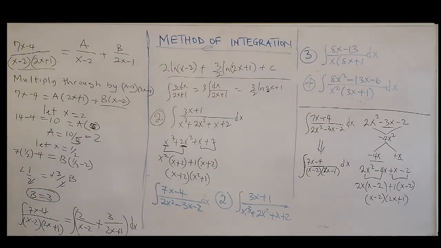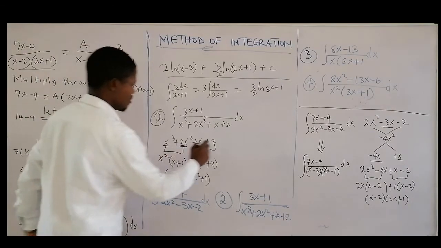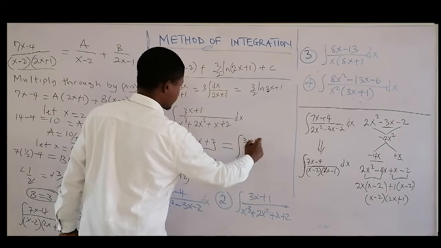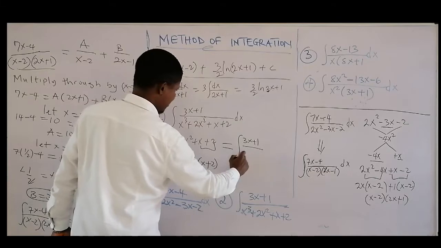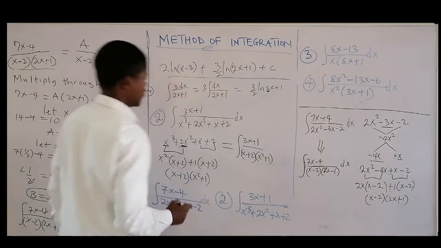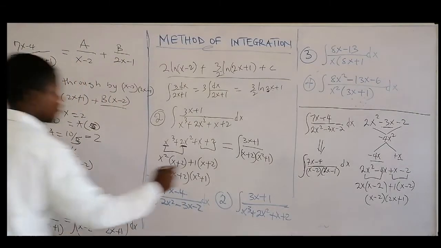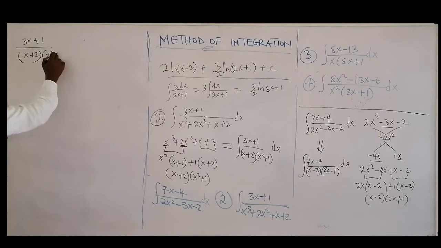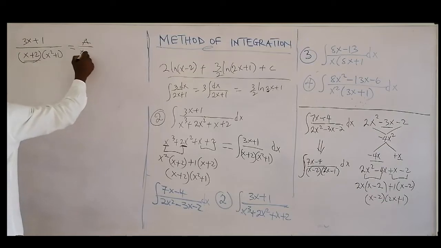So it has now become the integral of (3x plus 1) over (x plus 2)(x squared plus 1) dx. This one is linear, so that will be A over x plus 2.